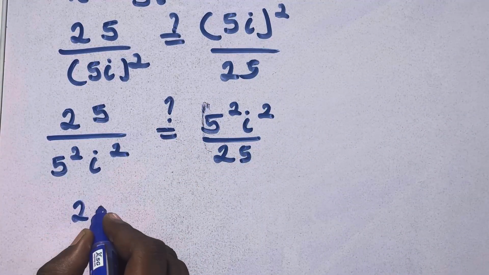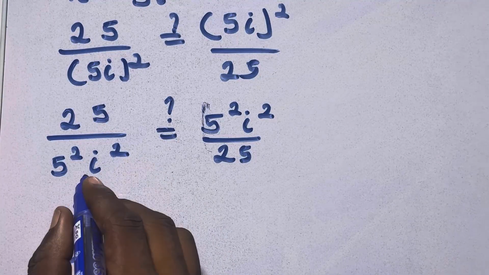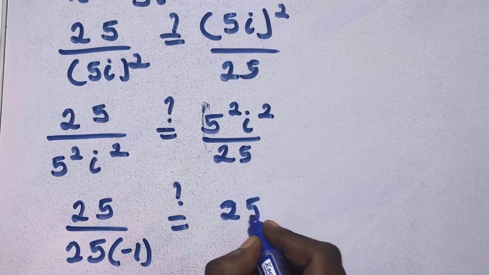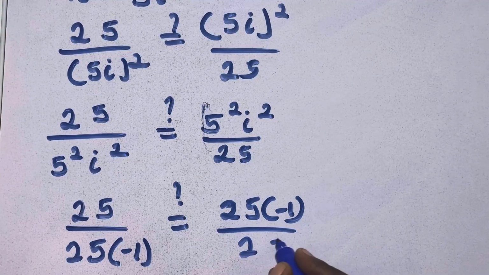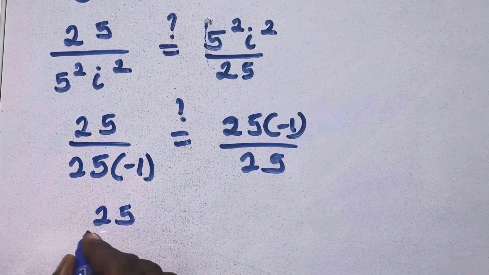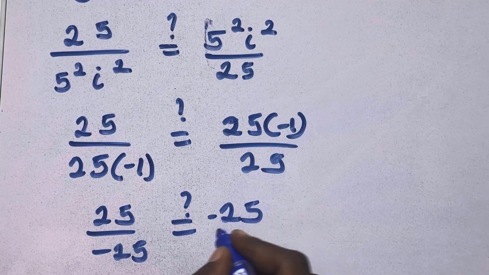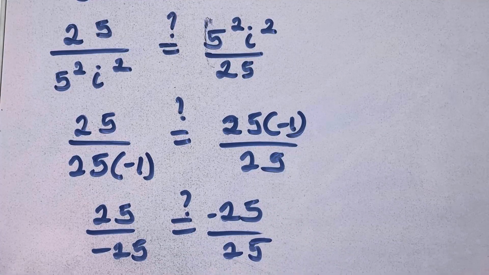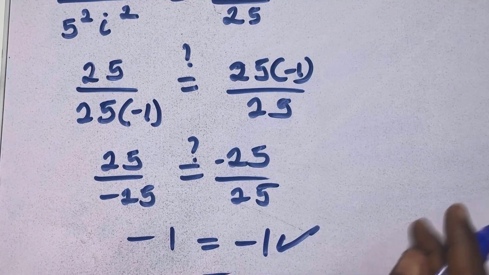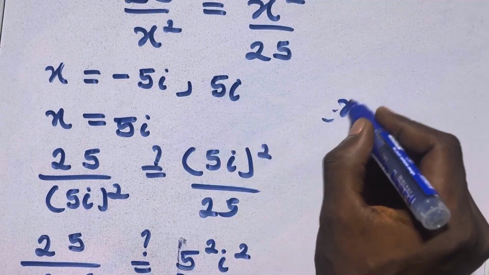So what we will have now is 25 divided by 25, and i squared is minus 1. Is this equal to 25 times minus 1 divided by 25? Right, so here we have 25 divided by minus 25. Is this equal to minus 25 divided by 25? And you observe that we have minus 1 is equal to minus 1. So that means that this is also valid.